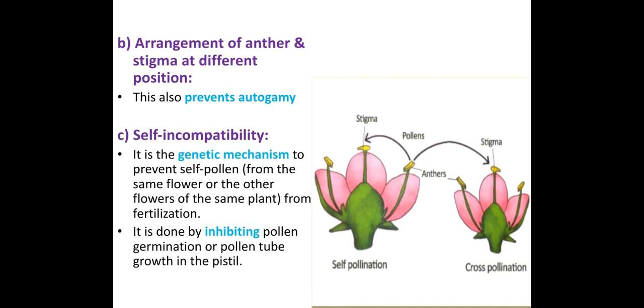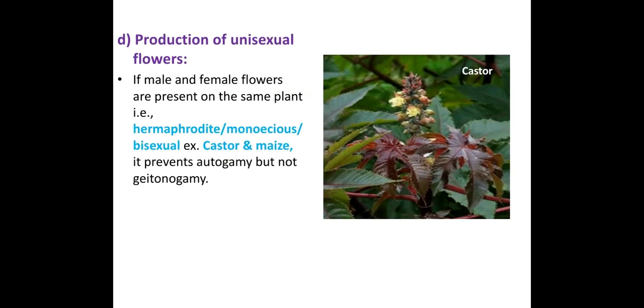So it is done by inhibiting pollen germination or pollen tube growth here. These two things are inhibited in the self incompatibility type of outbreeding device. Either the pollen is not germinated, or if it is germinated, pollen tube growth is not seen.